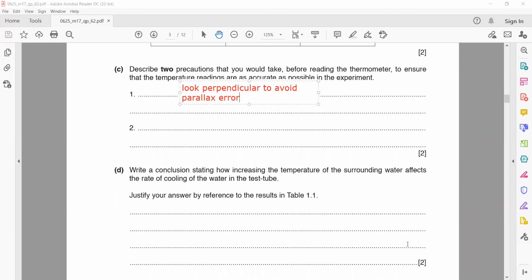What else can we do, because we want to measure the temperature as accurately as possible? We should wait for the temperature to be constant and then record the temperature.